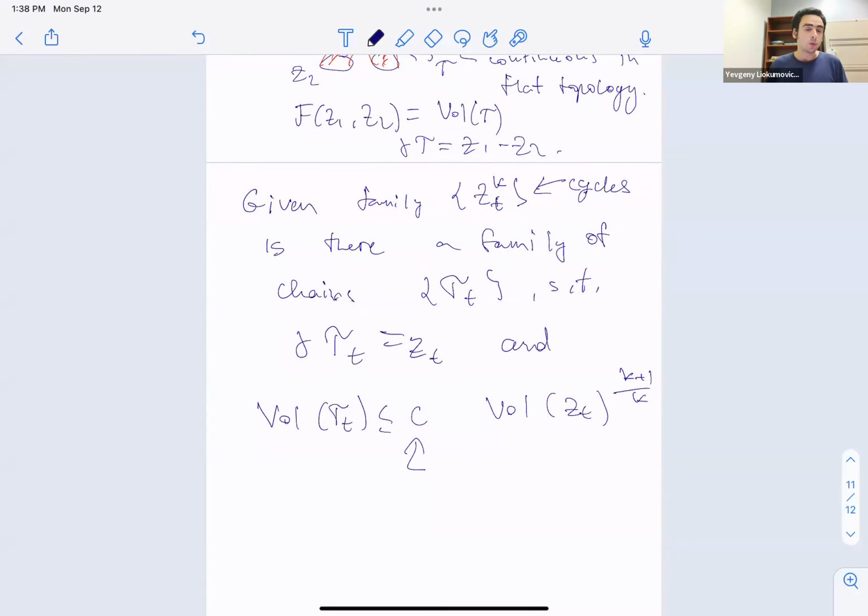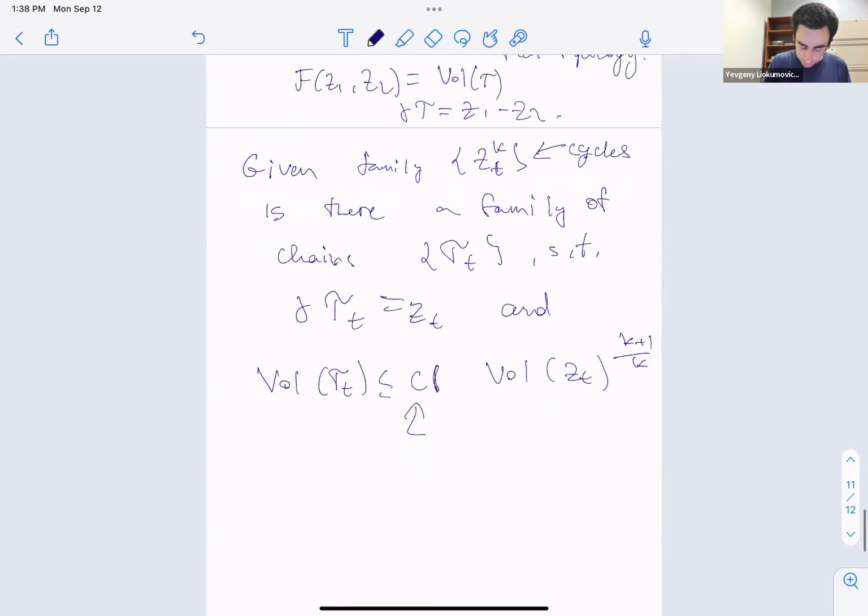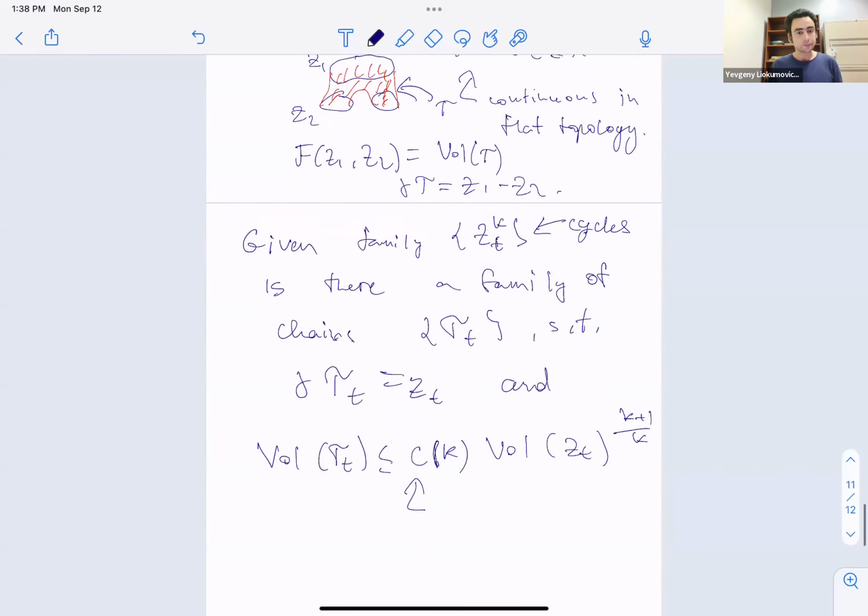But one of the questions one could ask is, would it be possible to construct a family of fillings that doesn't depend on p at all? So this is just a constant that depends on k, or maybe the ambient dimension n, but not on the number of parameters in your family.